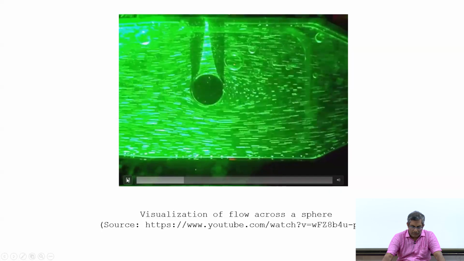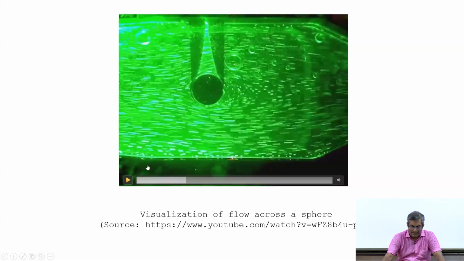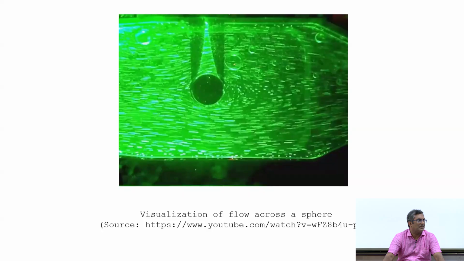So if I stop at any instant, you can see the traces of particles. You don't see particles, rather the traces of the particle. But somewhere here you see the particles, and somewhere here and here. But in the main flow, you see particle traces or streaks of the particle.